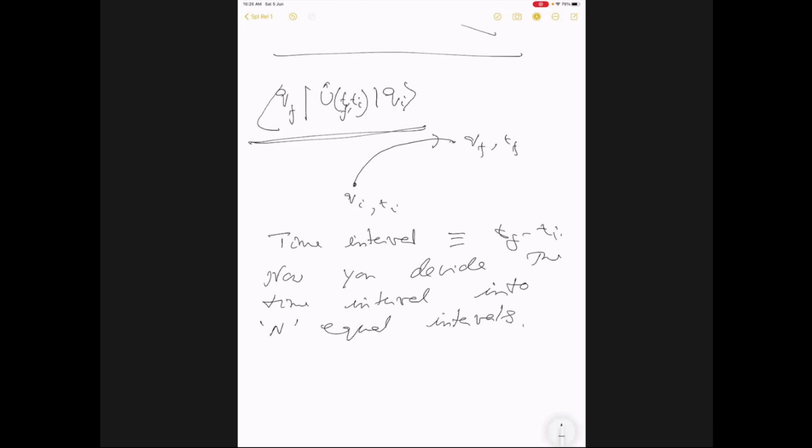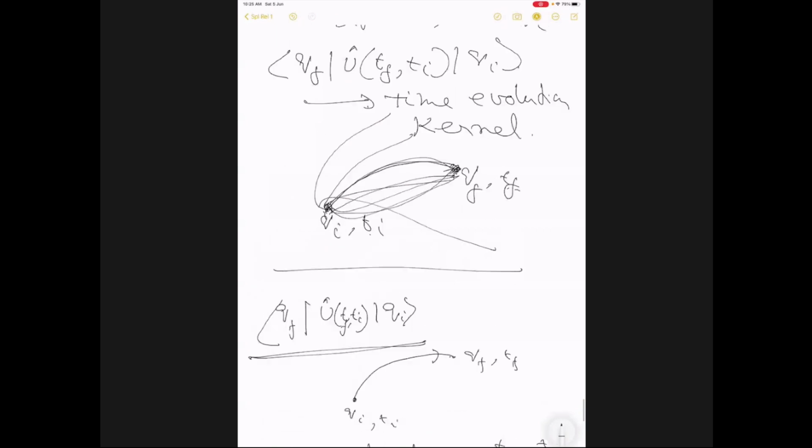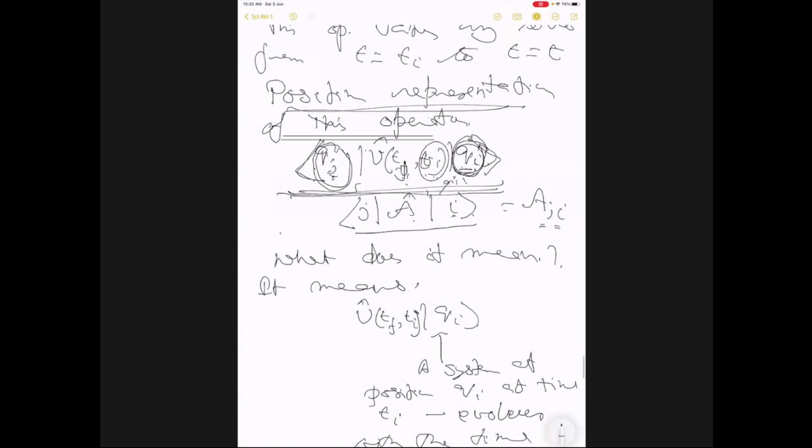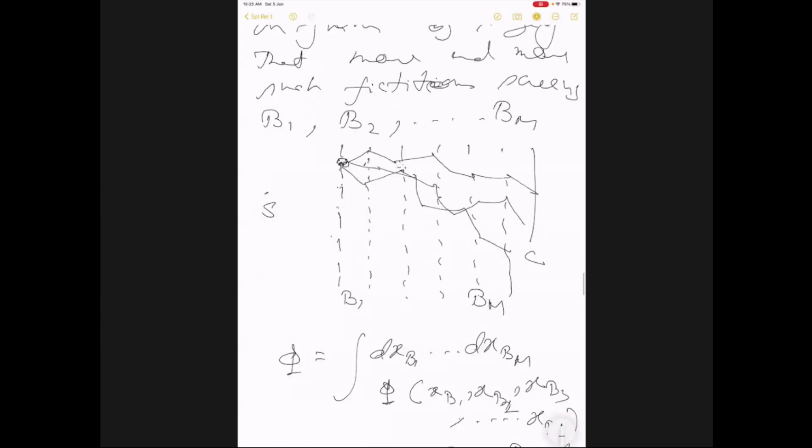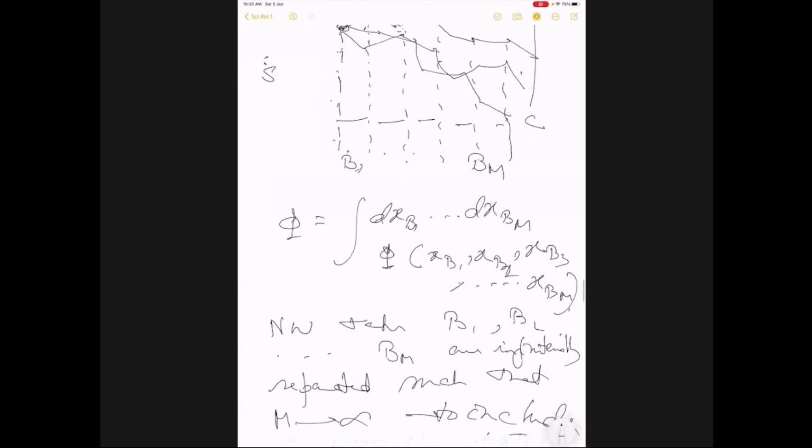Now this is very similar to our earlier picture. If you remember, I put n number of such hypothetical slits. So I consider that this entire time from the source to the screen, I break into some small pieces. This is exactly what I'm doing here.